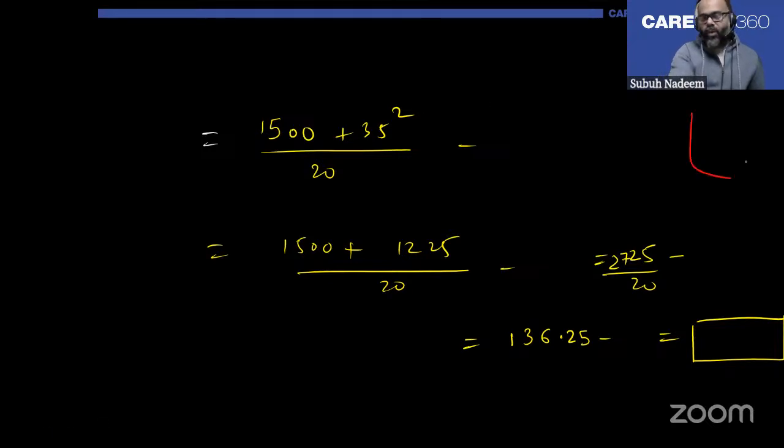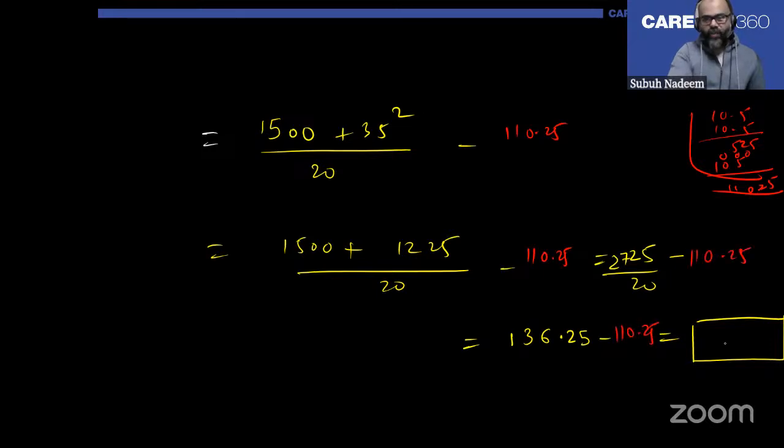So 10.5 into 10.5 is 110.25. So 25 will cancel. 6 will come here. 3 minus 1 will be 2, 3 minus 1 will be 2, and 6.